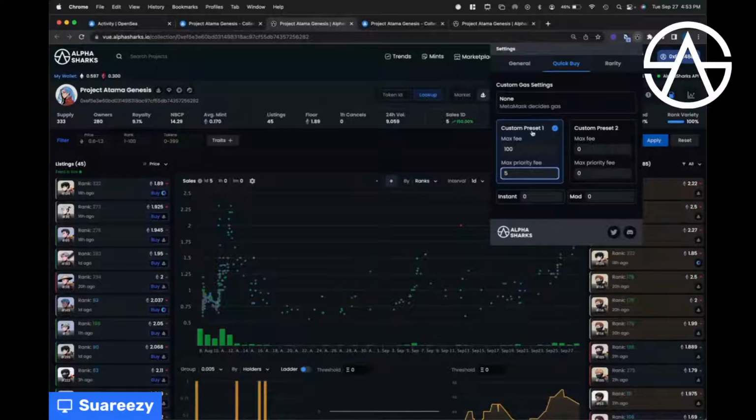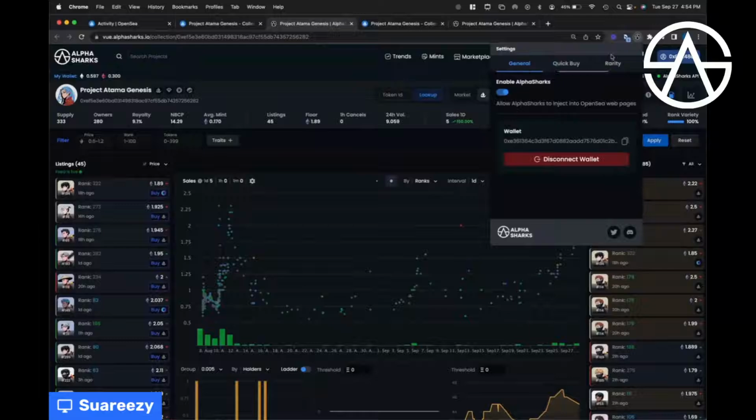You can set that to be a custom preset. And let's say you wanted something even faster, like a 510 priority. You can set that as well. Then you can come in here and change your instant and mad, which again are going to be your 1 and 2 functions, which are going to help with the sniping of the NFTs.